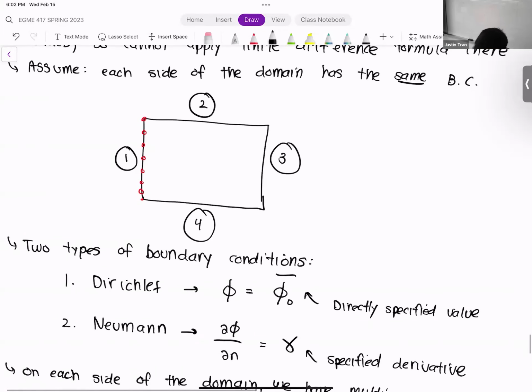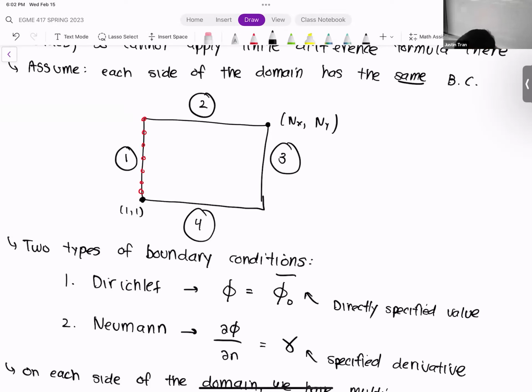Remember the node in the bottom left corner has ij coordinates of 1, 1. And the coordinates of the top right node are nx, ny. This sets some bounds.